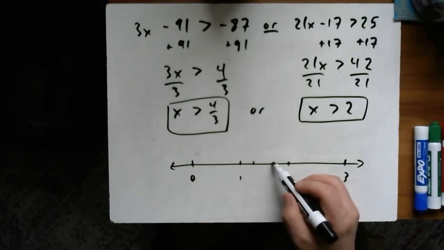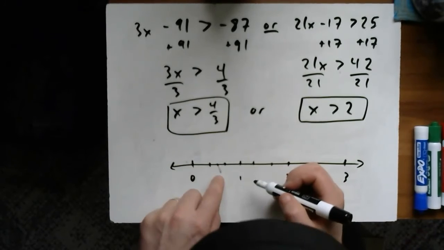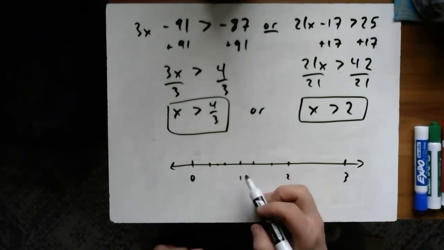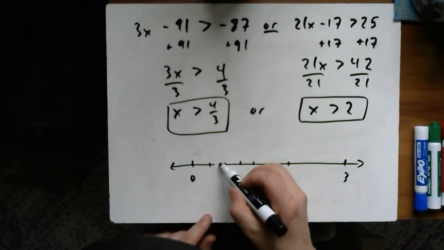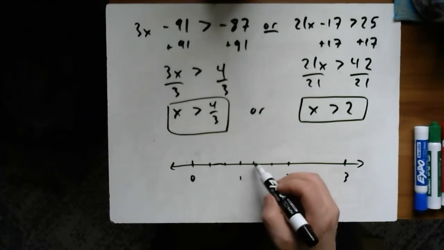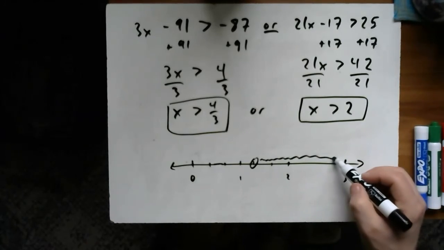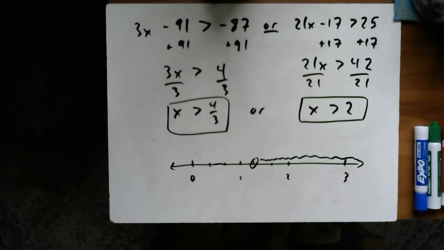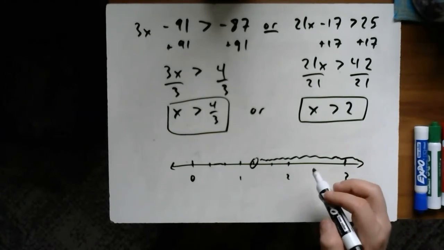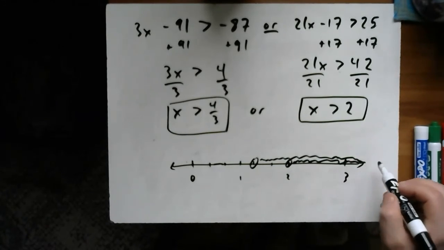So, if I break these up into thirds, I have 1/3, 2/3, 3/3, 4/3. So x is greater than that, open circle, and I'm going that way. Remember, this is a union, so everything together. And then x is greater than 2, so an open circle here, and going that way.